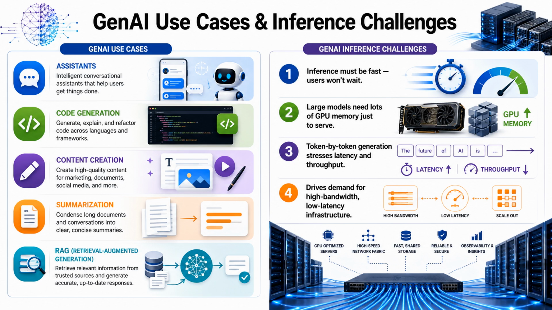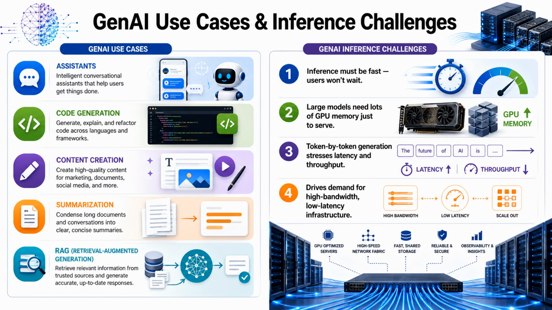2, look at that GPU. Bigger models give better answers, but they need a ton of GPU memory just to load and run. 3, the sneaky one, the model generates output 1 token at a time, and each token depends on the one before it. It's a chain. You can't skip ahead, so you're fighting latency and throughput on every request.